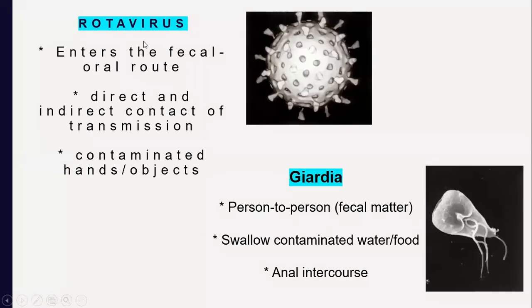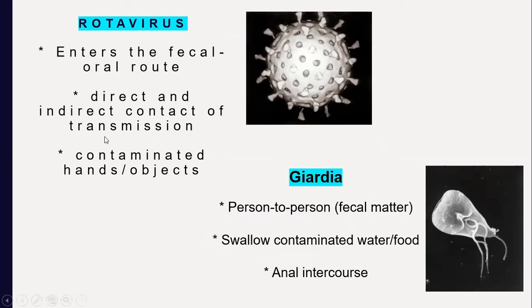Then we have the rotavirus, which enters through the fecal-oral route, where it then infects the lining of the intestines. It has direct and indirect contact transmission.